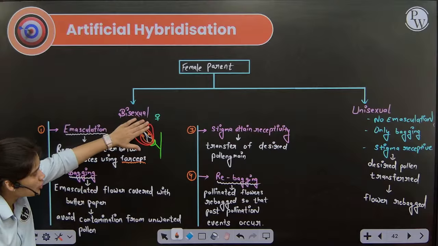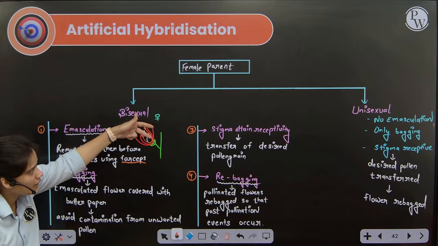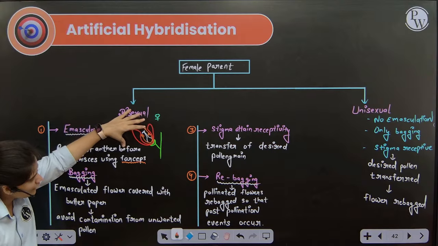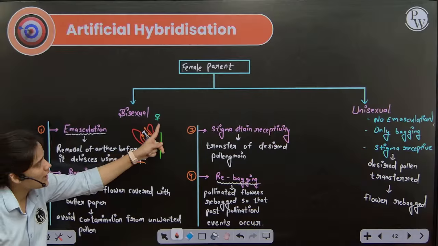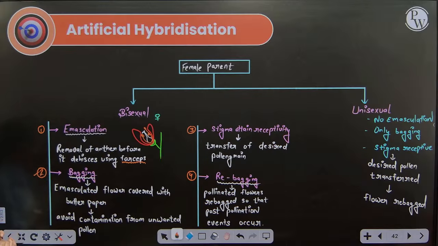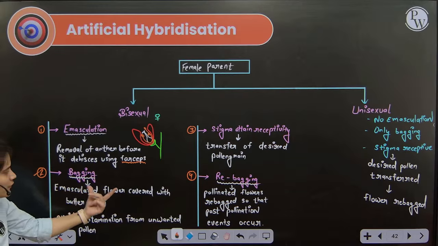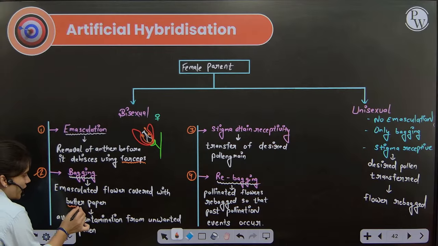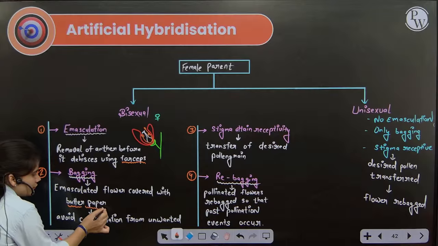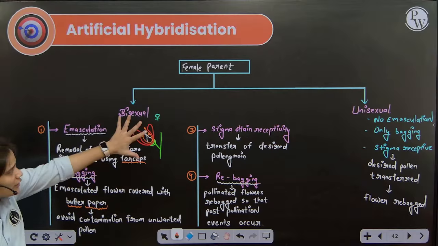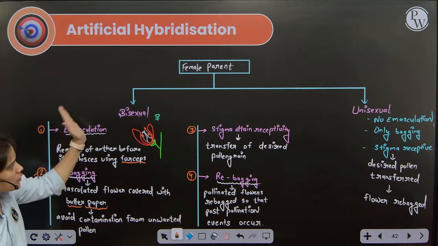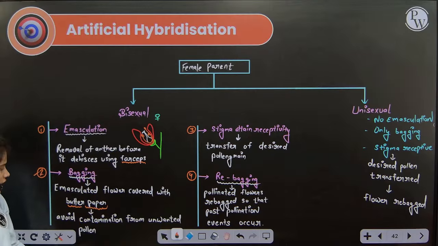The emasculated flower, from which the anthers are already removed, is covered with a bag made up of butter paper. If I cover that female flower with a bag, then cross pollination is also prevented.